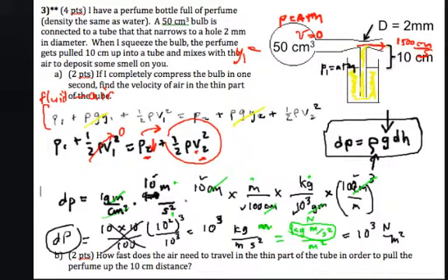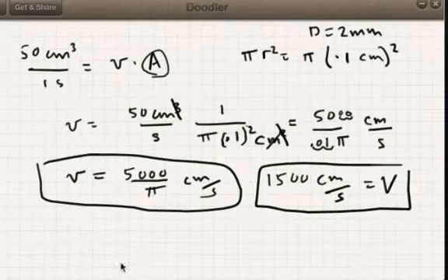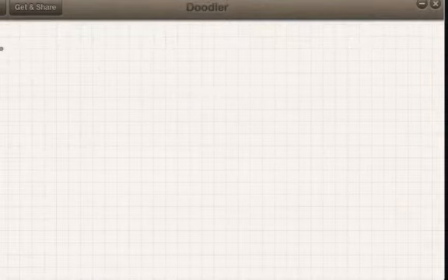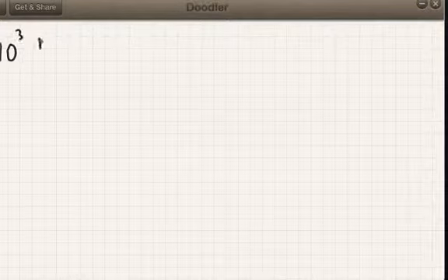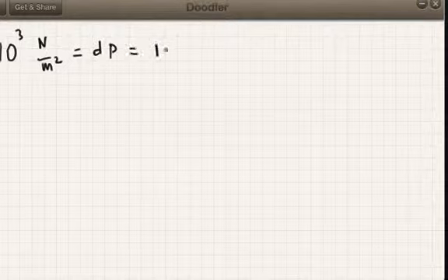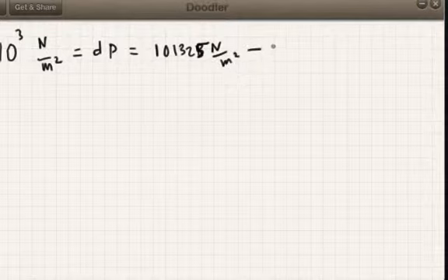So we have 10 to the third newtons per meter squared equals dP equals 101,325 newtons per meter squared minus the new pressure.